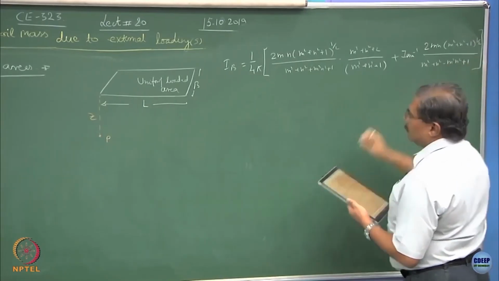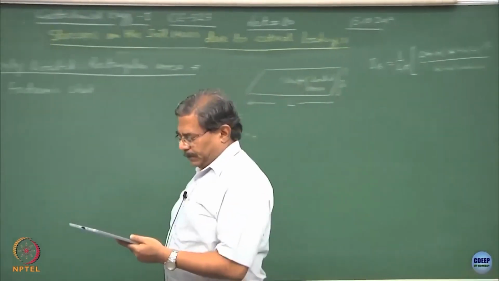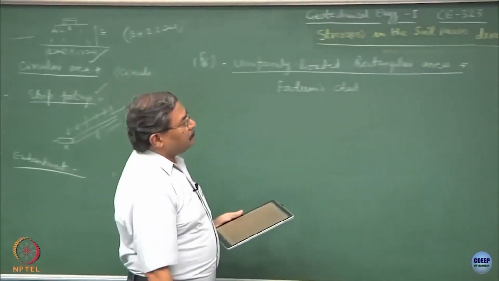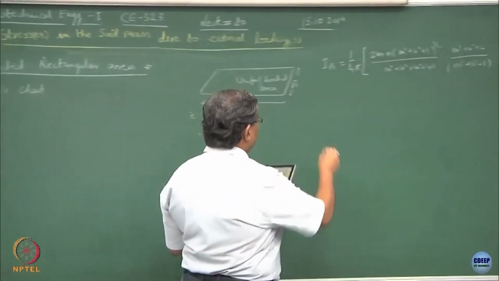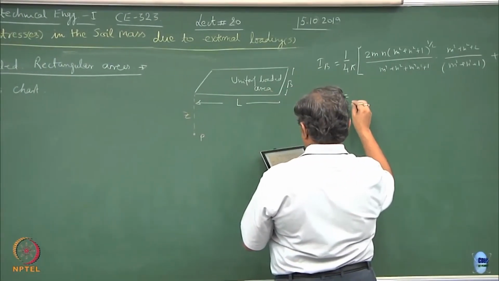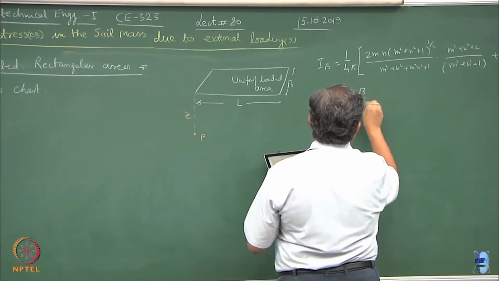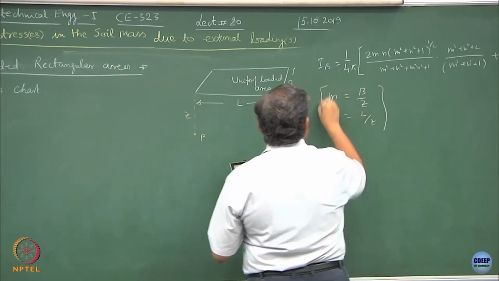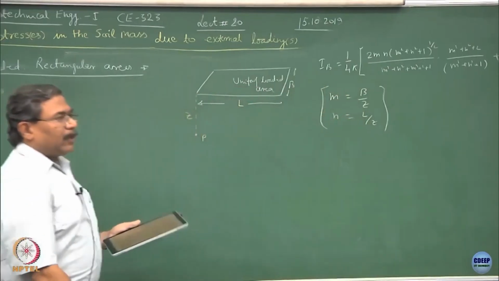Fine. So, please do not remember it ever, where m is equal to b by z and n is equal to l by z. It does not matter if you interchange b or l.